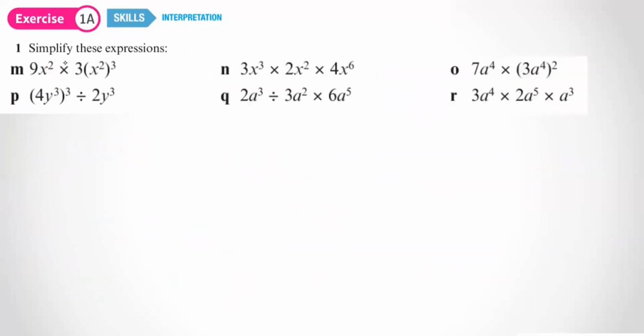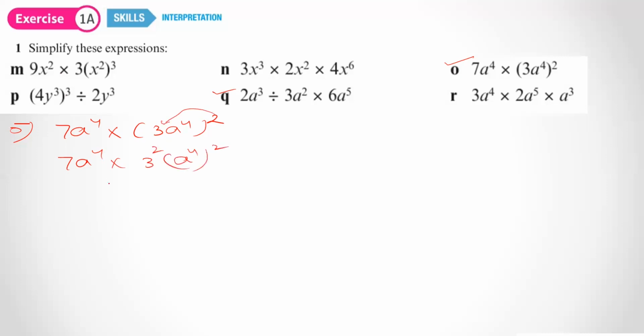Now question number, we have 7a power 4 times 3a power 4 whole power 2. Same thing here. This will be 7a power 4 times, now again we apply the fourth law, 3 power 2, a power 4 whole power 2.